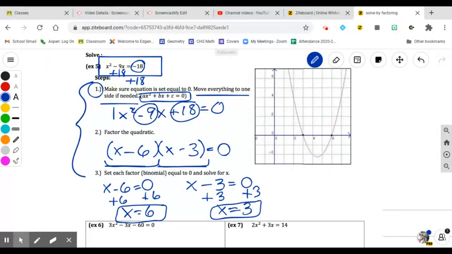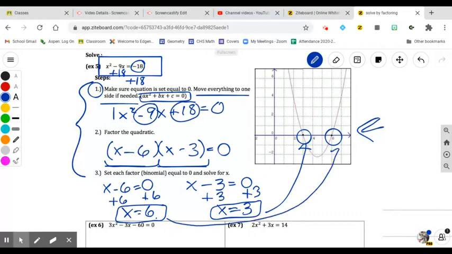6 and 3 are known as the solutions. If you remember at the very beginning of this section, I talked about how solutions for a quadratic are also known as zeros or roots or x-intercepts. So if you take a look at this graph right here, 6 and 3 are the solutions, which this graph represents this equation. Notice that 6 and 3 are the x-intercepts.